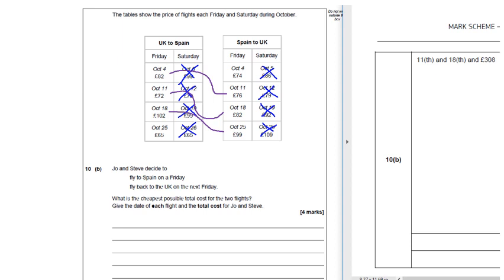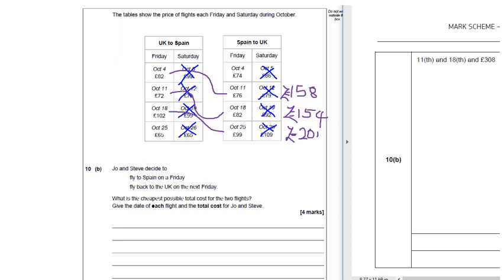So price 82 plus 76. So this one, 158. This one's 154, and this one is obviously nearly 200, 201.